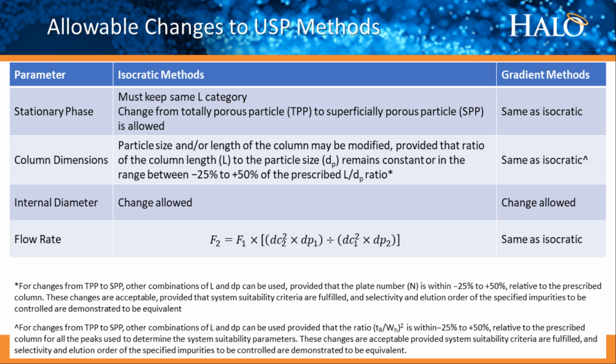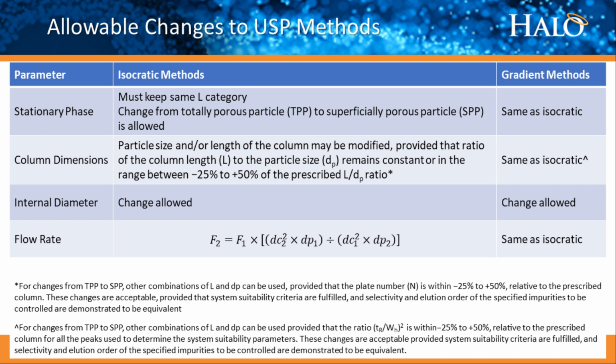Just as a side note, they had allowed changes to isocratic methods as of 2014, but the really breakthrough part of these updated guidance allowances is in particular for gradient methods, which they hadn't allowed changes to in the past.